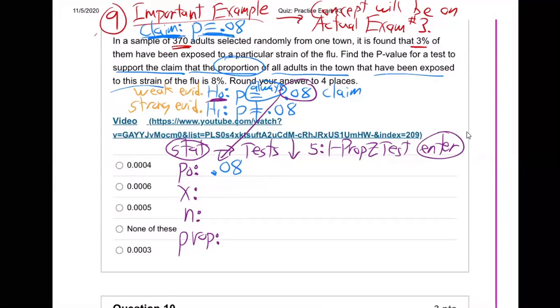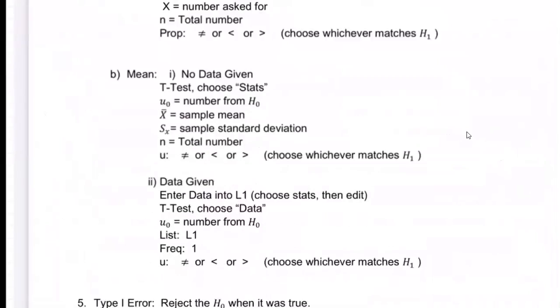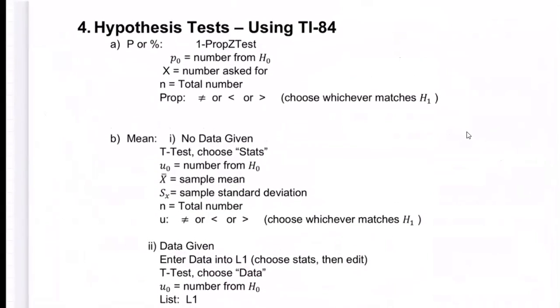Okay, but now comes the new part, the part that I really want you to see. What are we going to do with X? What goes right here? Let's look at the notes. It'll tell us what X is. See right here? It's the number asked for, and N is the total number.